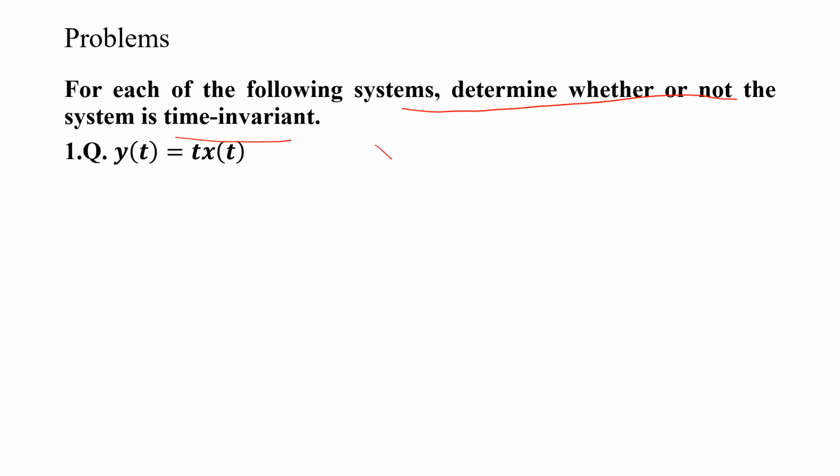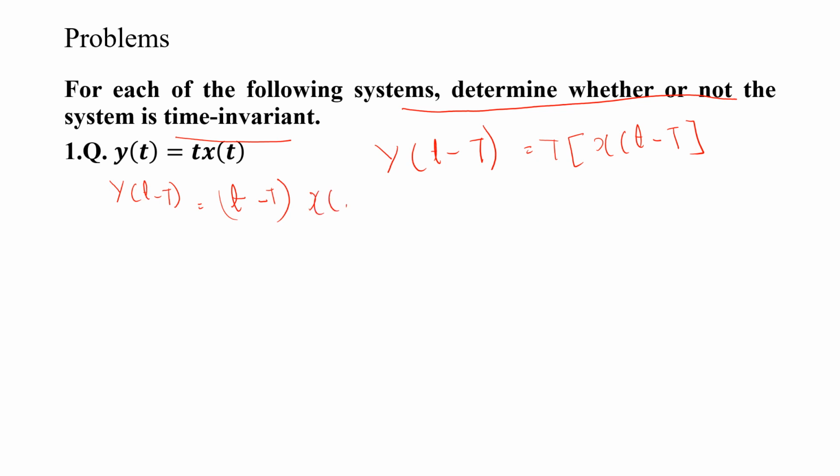You have to check y of t minus capital T against the transformation of x of t minus capital T. First I will write y of t minus capital T. In place of t you write t minus T. Then the transformation of x of t minus T: in the bracket of x of t you write minus T. So it is T of x of t minus T. And you can see both are not equal.